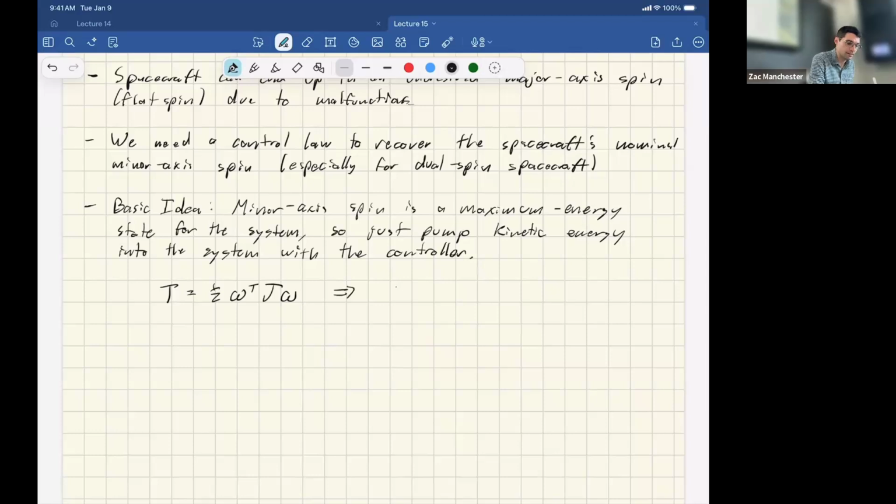I want T dot, and this is just chain rule. I get omega transpose J omega dot. That's dT d omega times d omega dt, where dT d omega is J omega, or omega transpose J, times omega dot.